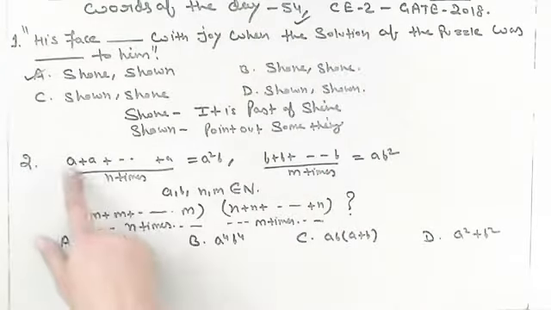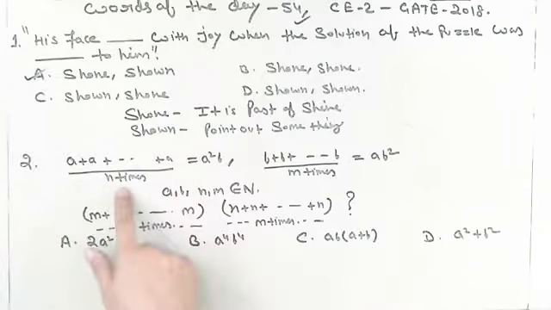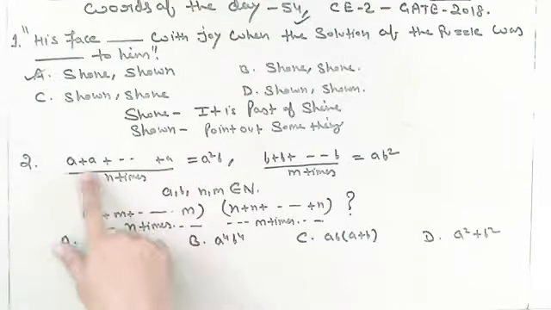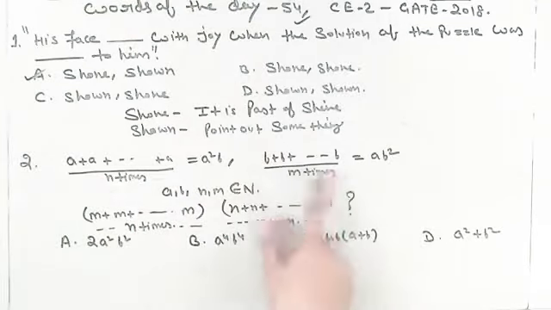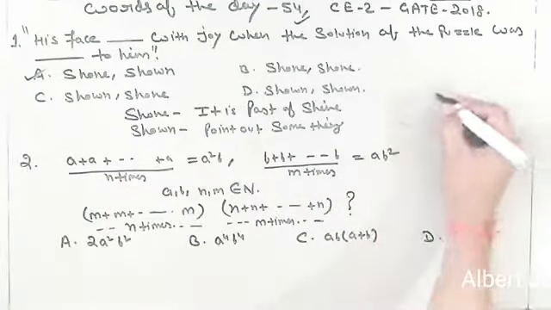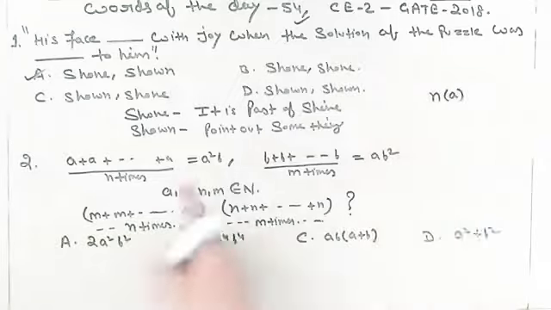So this is a plus, added n times, okay, addition n times, and this is b plus, and this is m times. If you add a n times, then you will get n into a.